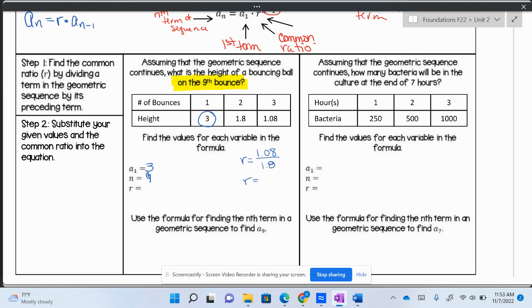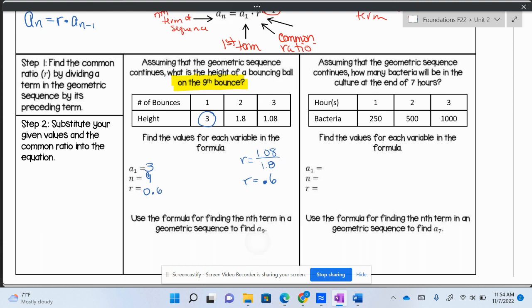Give it to me as a fraction. It's just the decimal 0.6. That's good. You can leave it as a decimal as long as it's not repeating. As long as it's not a repeating decimal, you can leave it as a decimal. Okay. So r is 0.6.